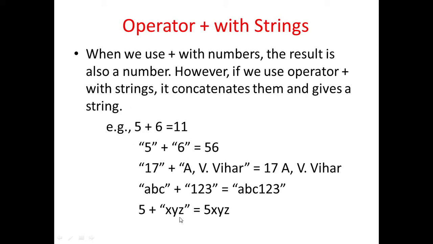So both will become strings, then it will do the attachment, 5XYZ. So in this special case, if one of the operands with plus is not a string value, the computer will automatically make it a string. But at least one should be a string. Okay. So this is the plus operator, especially used with strings in special cases.